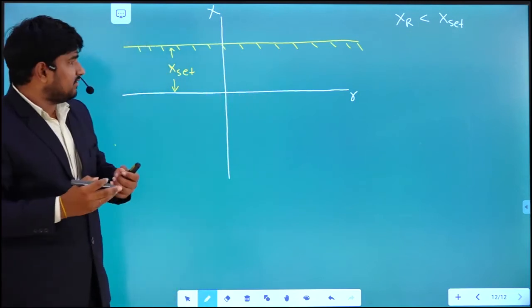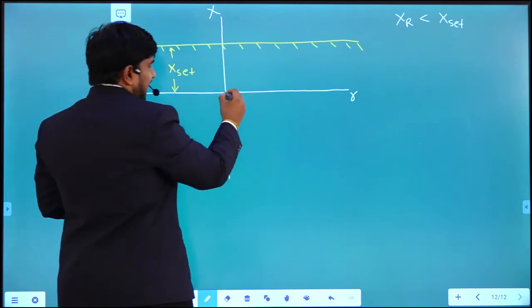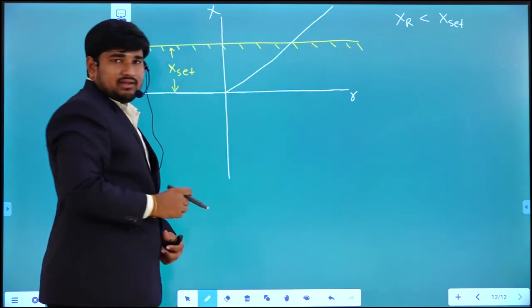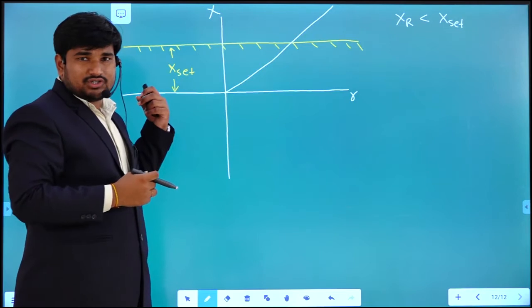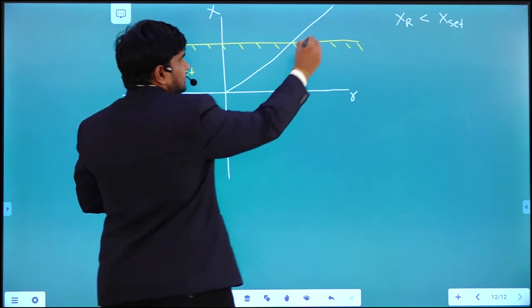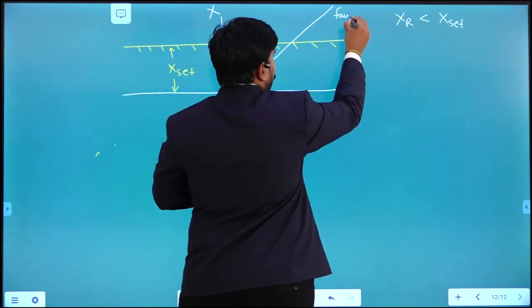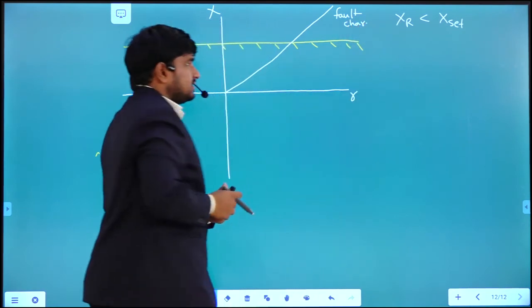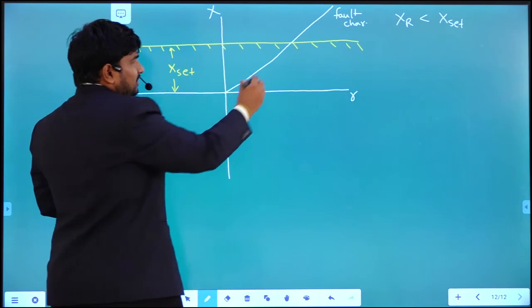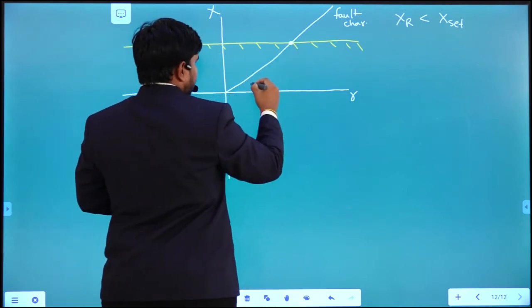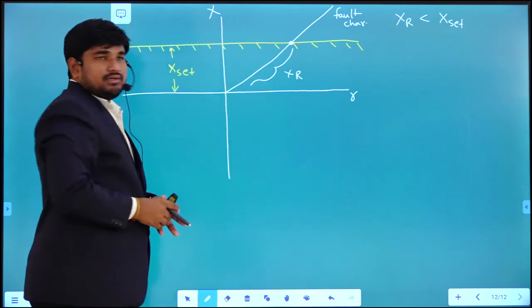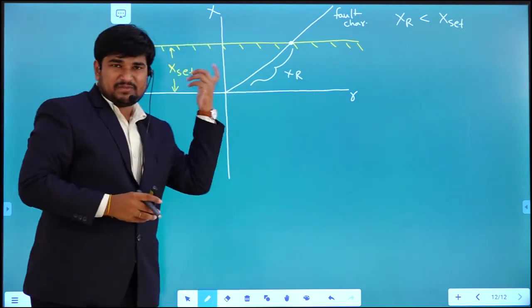Let us take different fault characteristics. The fault characteristic is like this, as we have shown in the previous class. Now up to this value, XR, it will provide a trip signal.